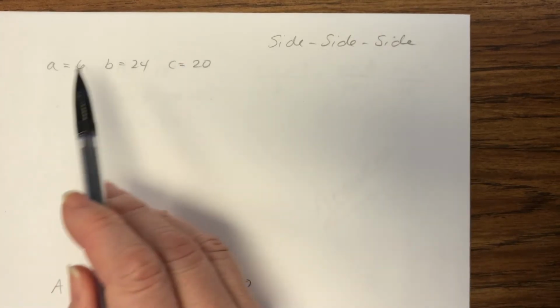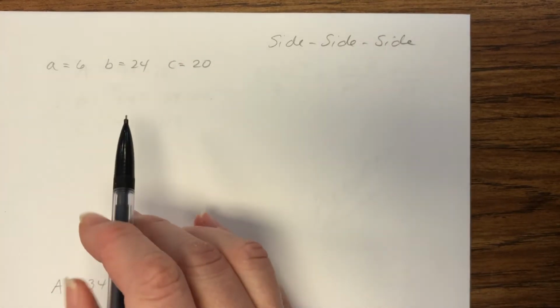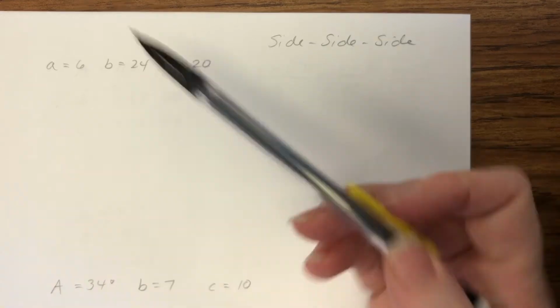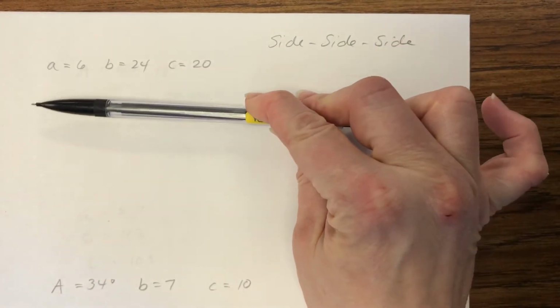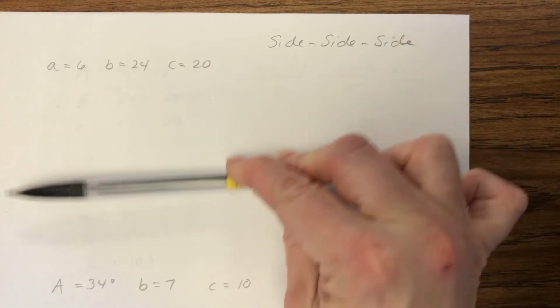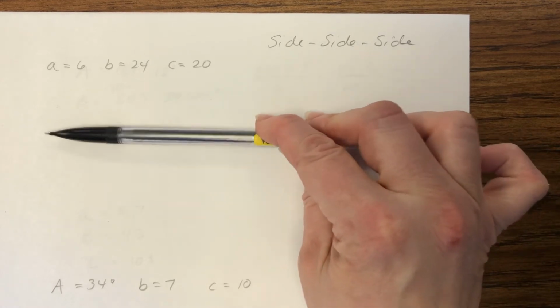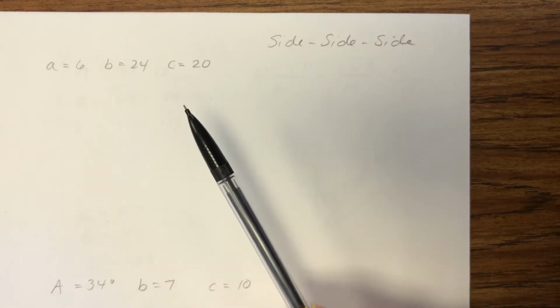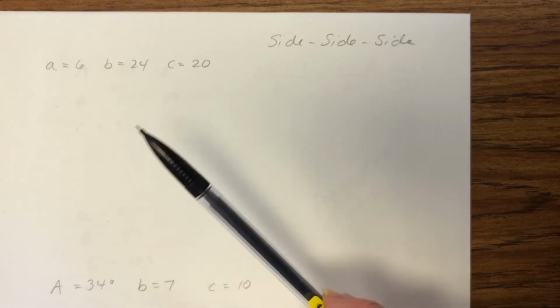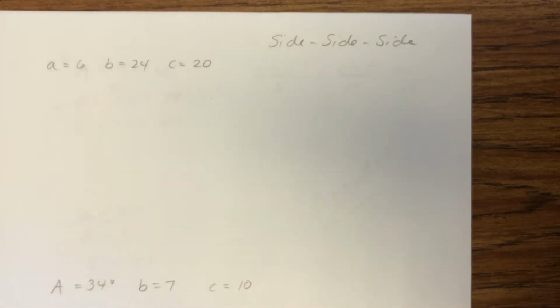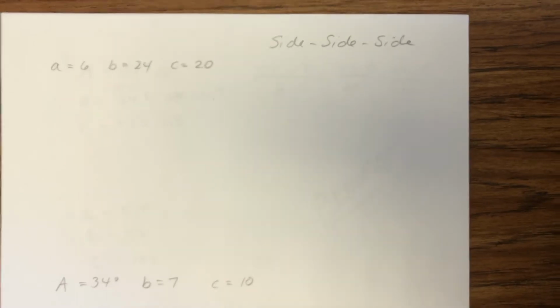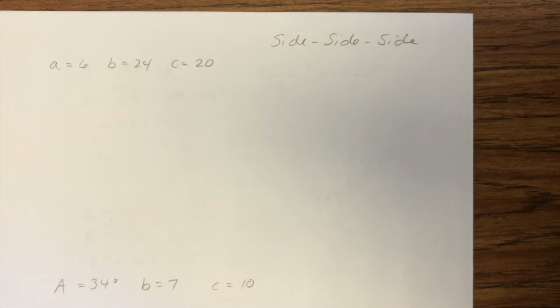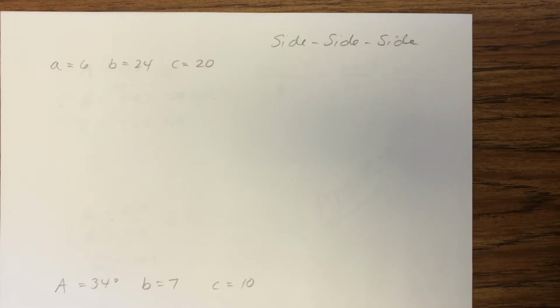And when you're given this situation, I recommend that you just plug it in and use the law of cosines 3 times, because what could potentially happen is if you find an angle and then you try and go back and use law of cosines, or excuse me, law of sines, then you might run into the ambiguous case. And it's not the ambiguous case because they gave you one triangle. And so if you have a situation where you need to use law of cosines, if you stick with law of cosines, you will not go wrong.